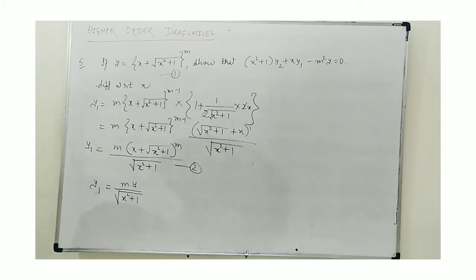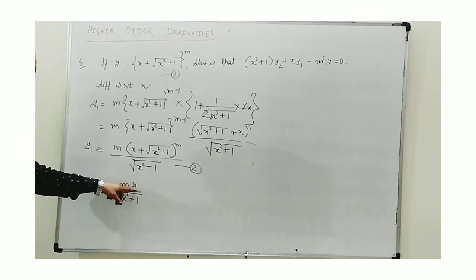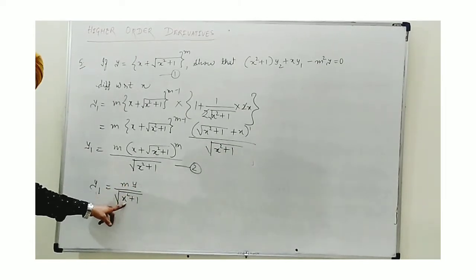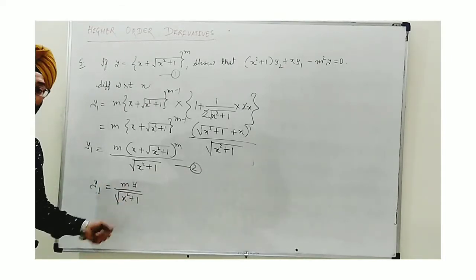Now, as once again differentiation is needed, we can do the differentiation directly, but we have to be careful. Here on the right hand side m is the constant, y is a function of x, and the denominator is also a function of x. So what we have to do? We have to apply the quotient rule.